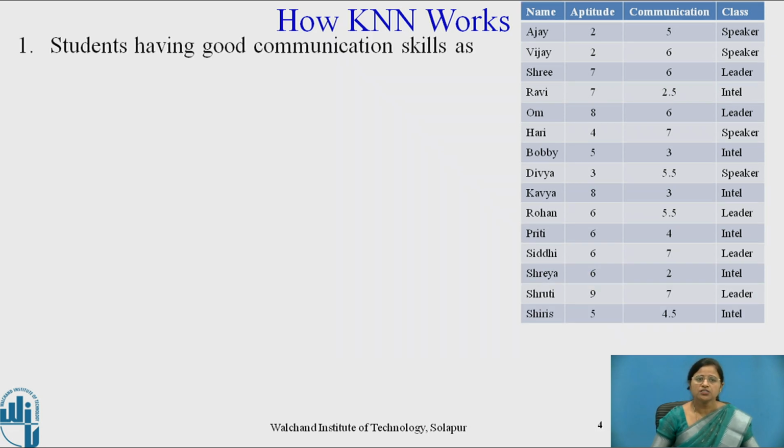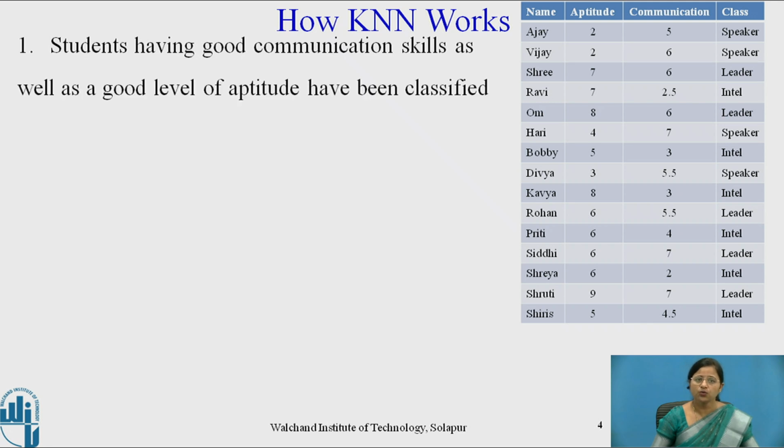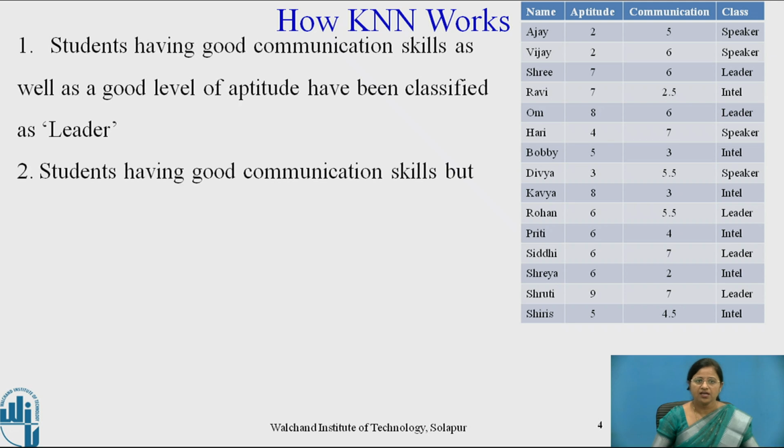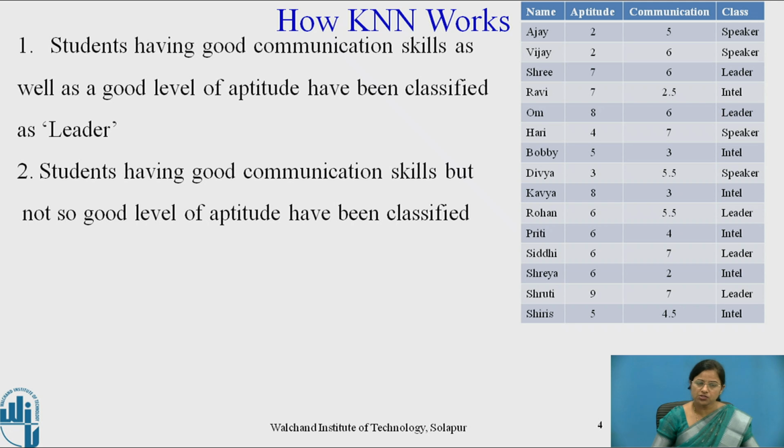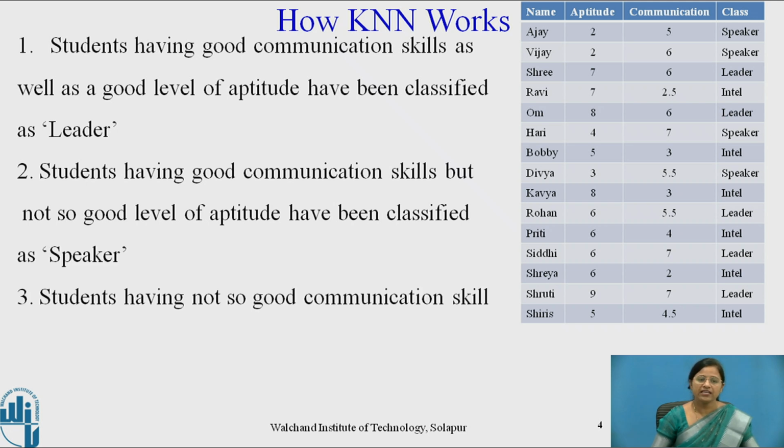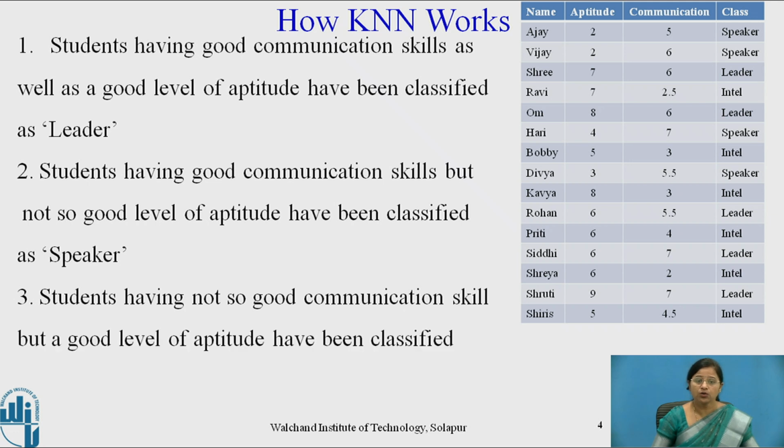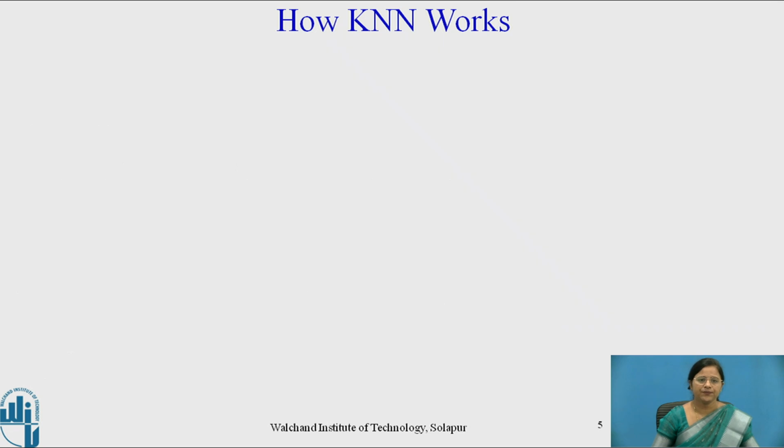First, students having good communication skill as well as good level of aptitude have been classified as a leader. Second, students having good communication skill but not so good level of aptitude have been classified as a speaker, while students having not so good communication skill but a good level of aptitude have been classified as an intel.